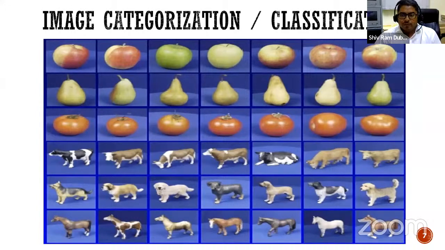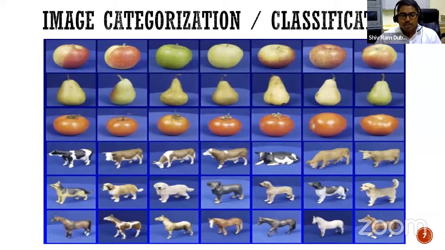Suppose we want to do classification, and for better visualization we consider images as the example, so image classification or image categorization. What is the general classification problem? We have samples of different categories, and we use those samples to train a model or classifier.